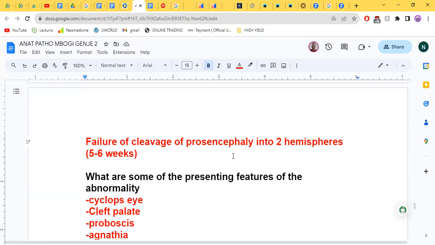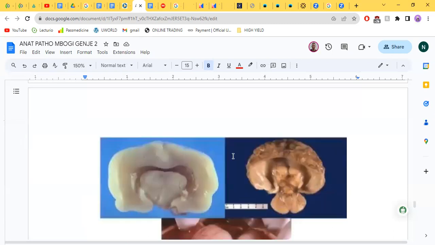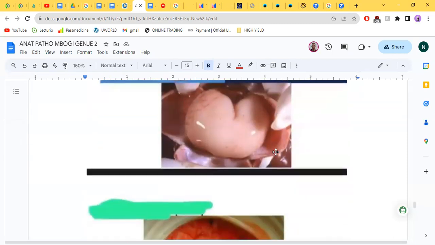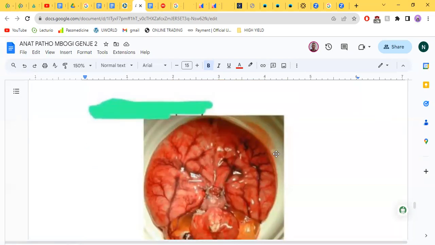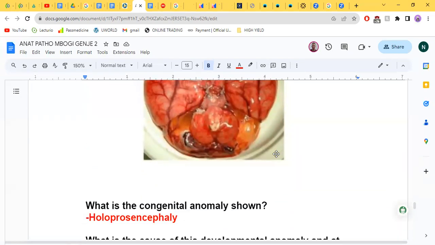This is where the prosencephalon fails to divide into 2 hemispheres. I see most of us have gotten it correct. Just to reiterate, when failure occurs at 2 to 3 weeks, you'll have the neuropore defects. Now, the answer is holoprosencephaly. Maybe we can move down.